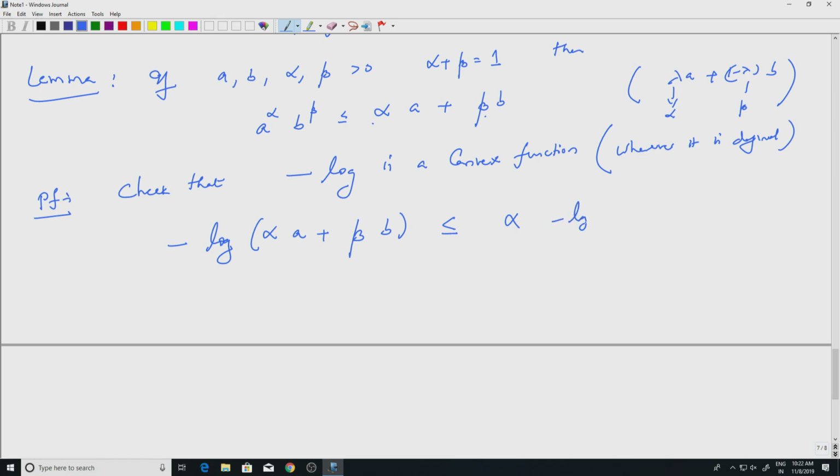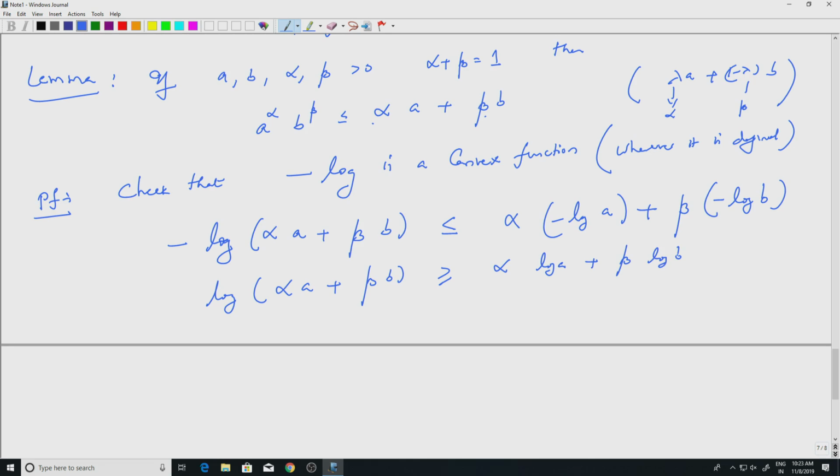So you evaluate the function at the first element plus 1 minus lambda, which is beta here, and I have minus log b. Okay, so you can multiply by minus and you will get the inequality the other way. So log of alpha a plus beta b is greater than or equal to alpha log a plus beta log b, and then you take powers, right.